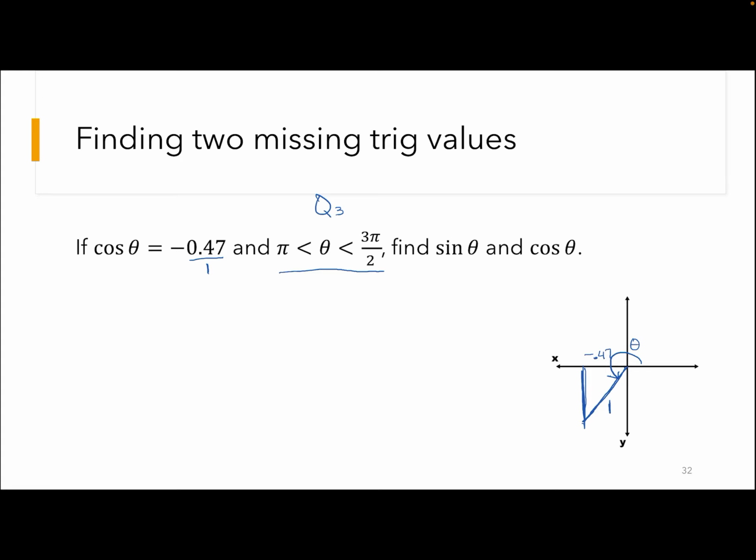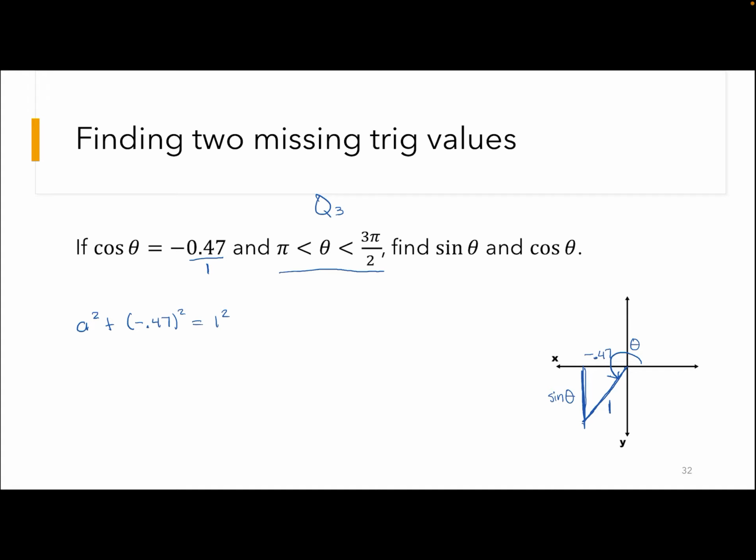And so what we need to find is this value, which is going to be sine theta. Now sine should be negative because the angle is in quadrant 3. So using the Pythagorean theorem, a squared plus -0.47 squared is equal to 1 squared. I have no idea what 0.47 squared is.